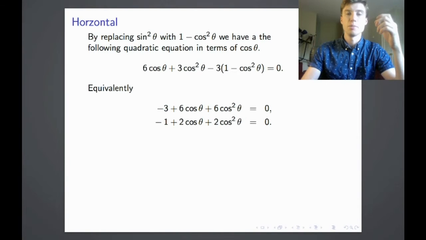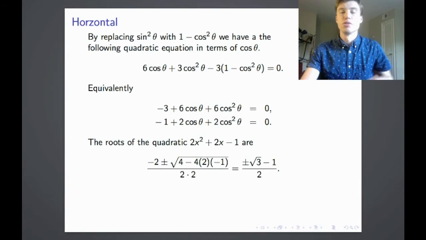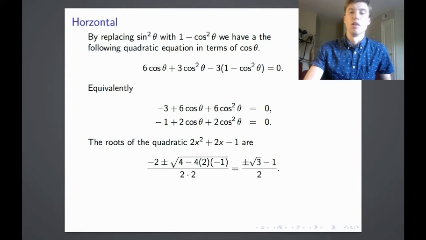We'll make the substitution x equals cosine theta and look for the roots of the polynomial 2x squared plus 2x minus 1. Now, by the quadratic formula, the roots of this quadratic are plus or minus the square root of 3 minus 1, over 2.